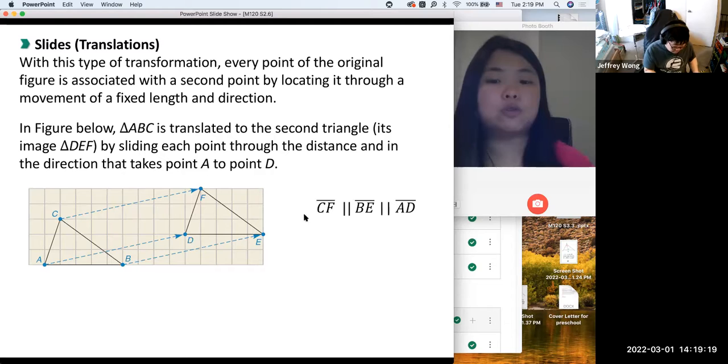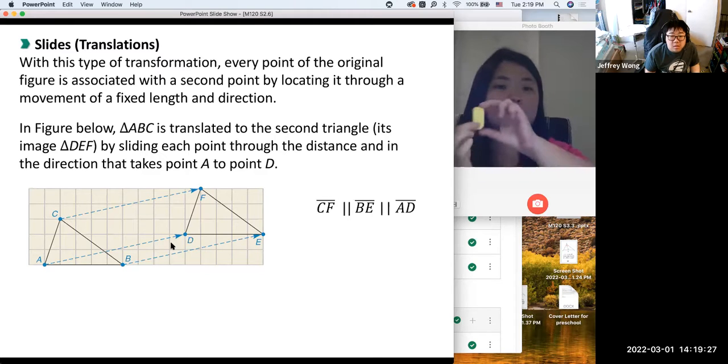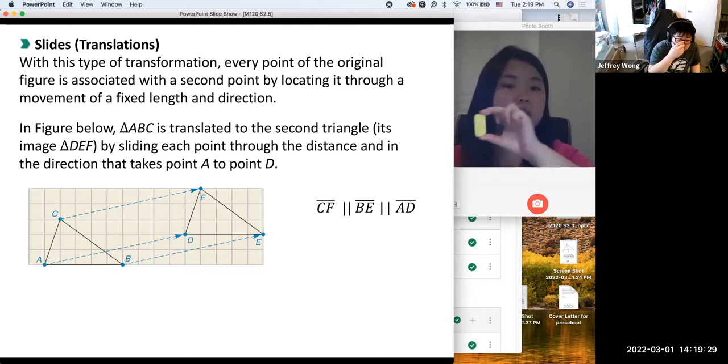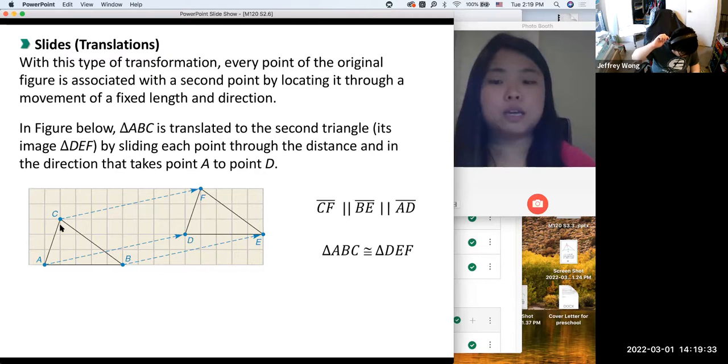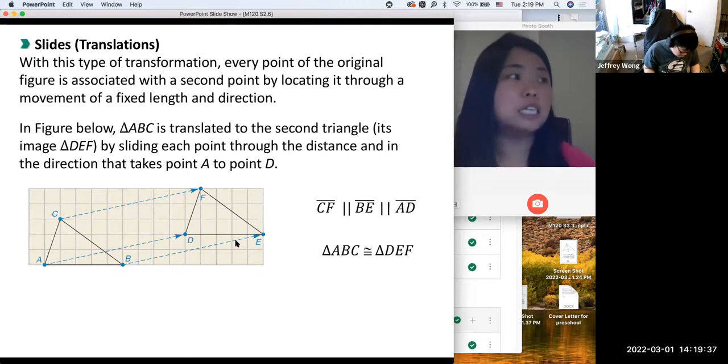Okay, and then you're going to find out CF is going to be parallel to BE, parallel to AD. Okay, because they're going the same distance, so it's going to be parallel. And also, triangle ABC is congruent to triangle DEF.